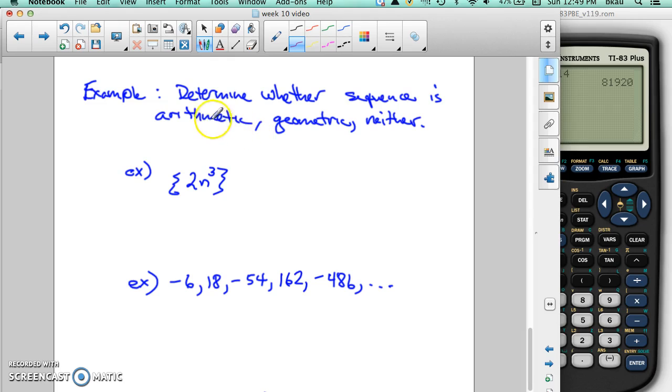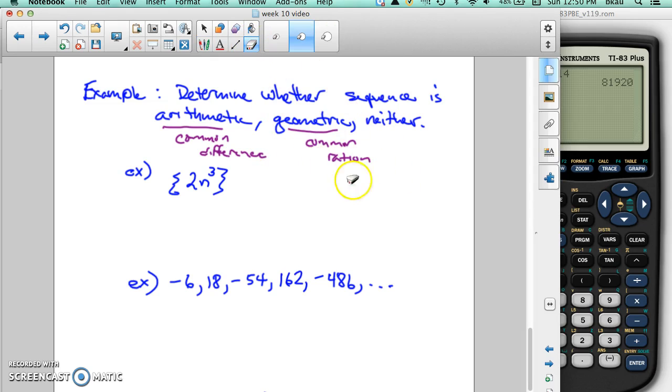Arithmetic means there's a common difference, which we call d, and geometric has a common ratio, which is r.